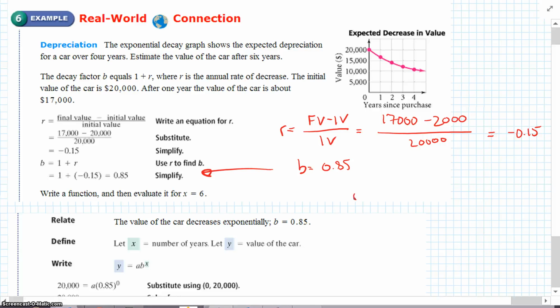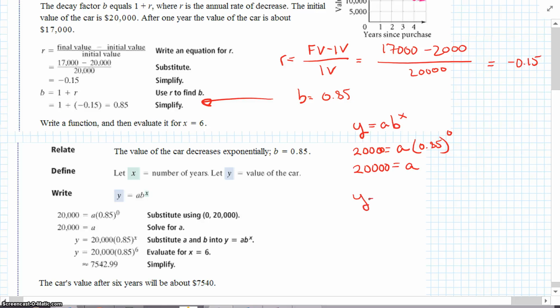So y equals ab to the x. Let's look at our graph. We know when x equals 0, y equals 20,000. So I got 20,000 equals a times 0.85 to the 0 power. So we know 20,000 equals a.